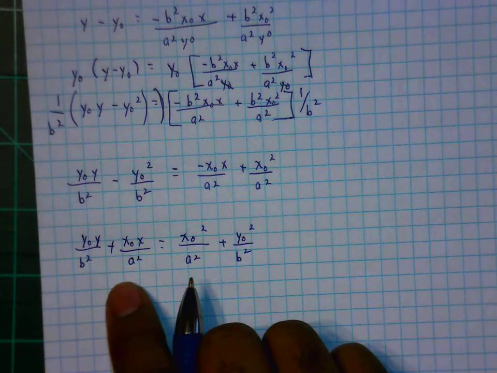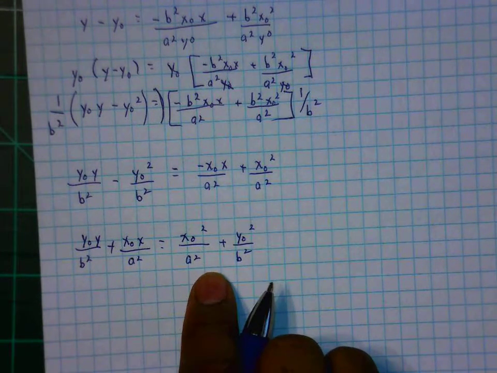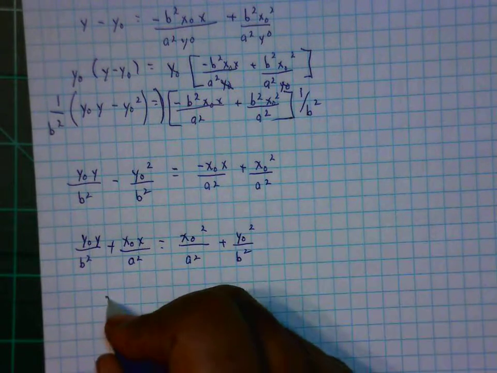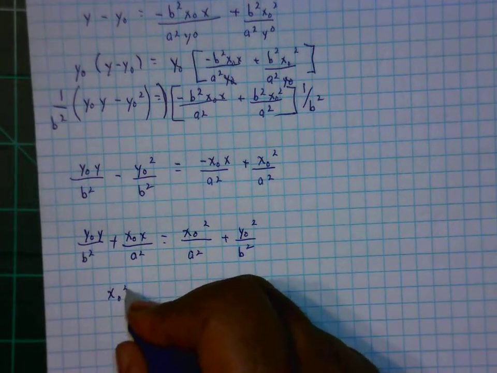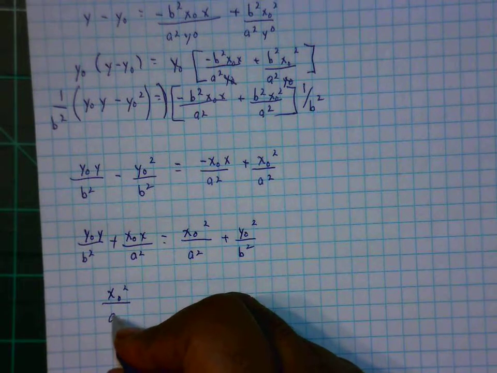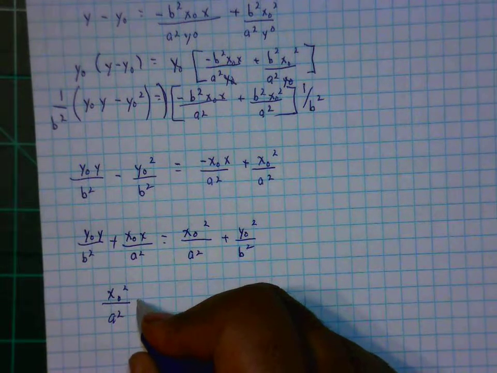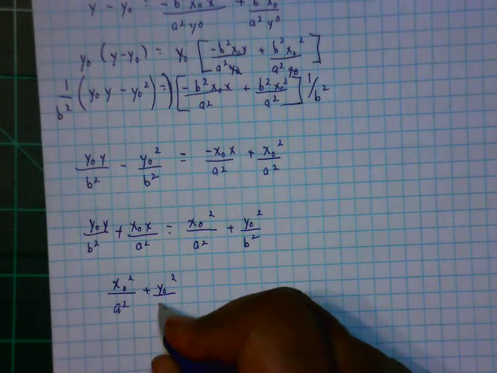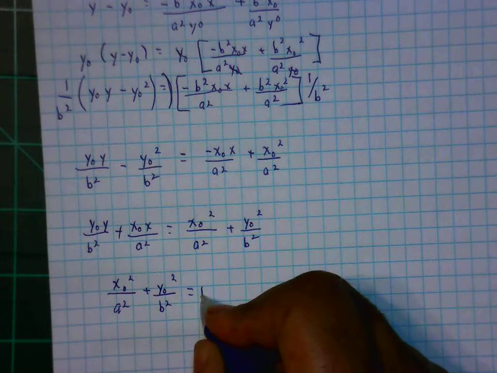Let's see, does that look like what I want? I think it does. Now on this side I know that x naught squared over a squared plus y naught squared over b squared has to equal 1.